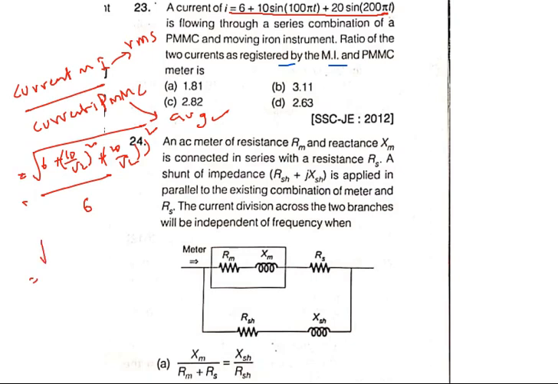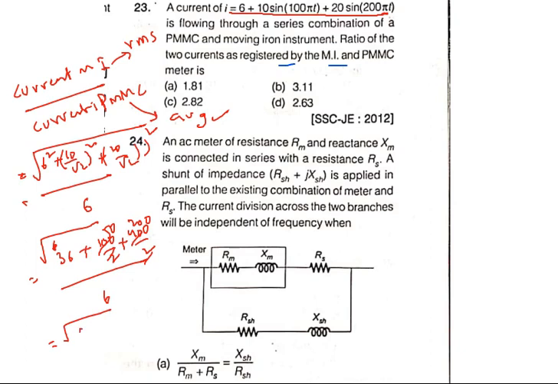Next, simplify this. 6 squared means how much? 36, plus (10 by root 2) whole squared, that is 100 by 2, plus (20 by root 2) whole squared, that is 400 by 2, all over 6. Simplify: 36 plus 50 plus 200, just add them.